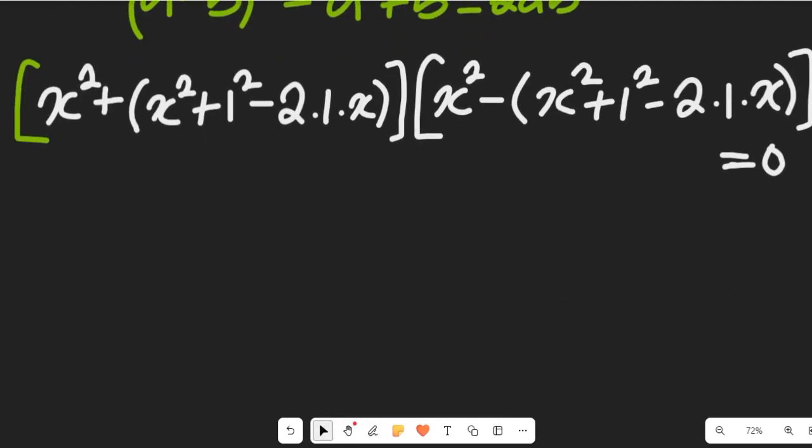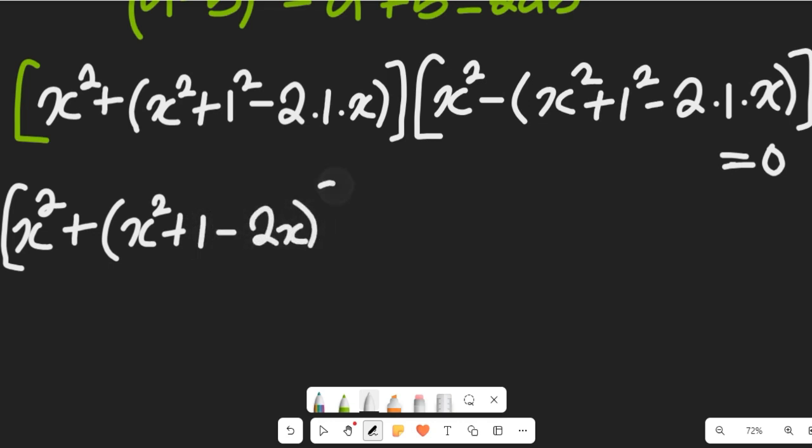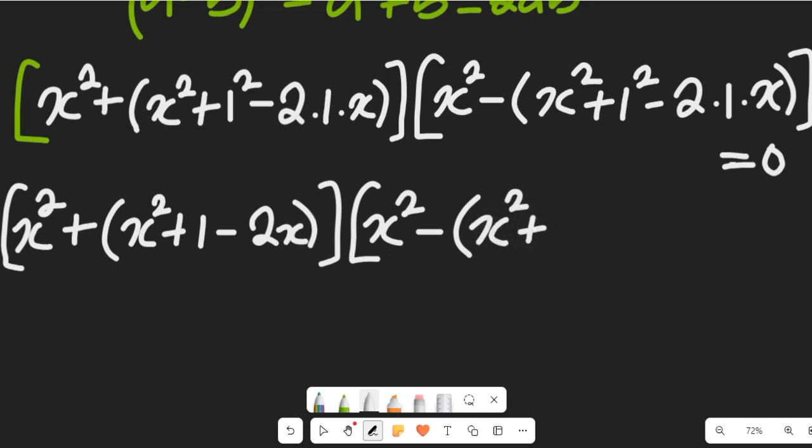Good. Now let's simplify. If we simplify this, we're going to have x squared, all this multiplied by this, plus x squared plus 1 minus 2x, and this will be multiplying x squared minus (x squared plus 1 minus 2x), and all this will be equal to 0.